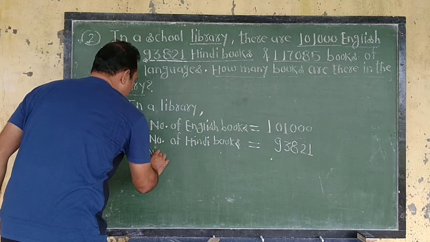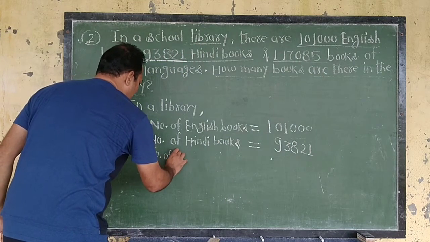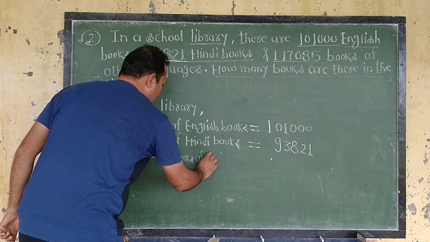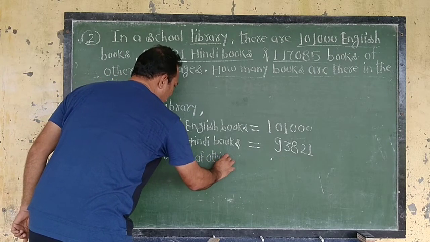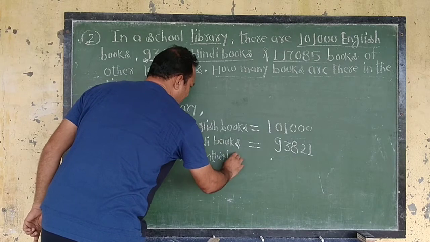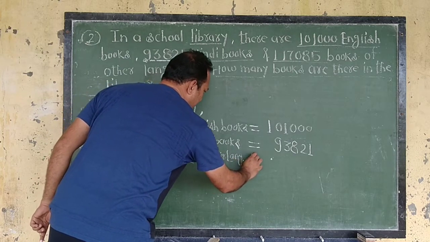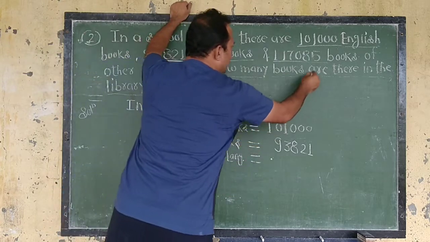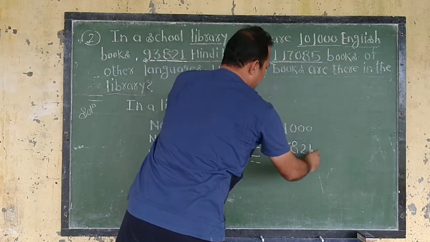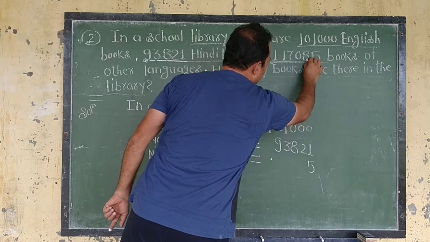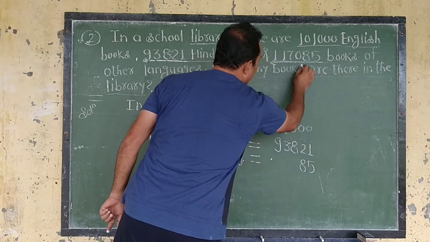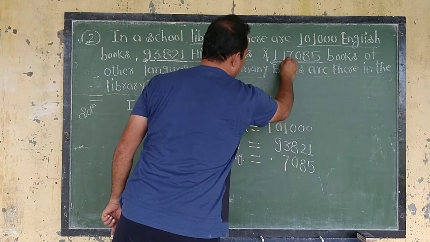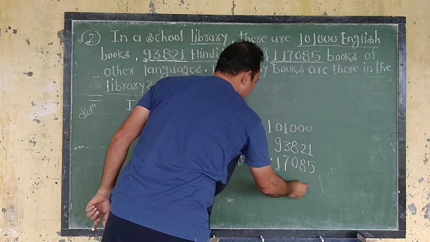Then write here number of books of other languages is equal to, exactly below the is equal to, you have to write. Now arrange the number from this side. Write here 5, then 8, 0, 7, 1 and then again 1.